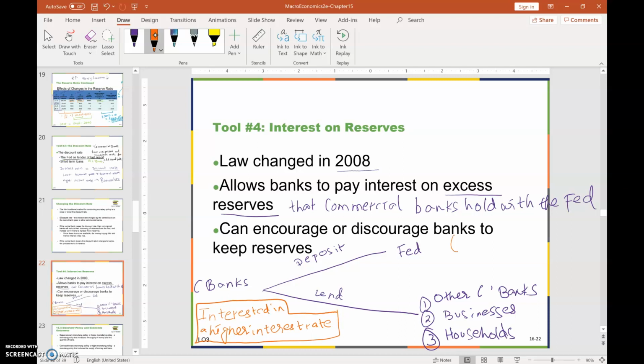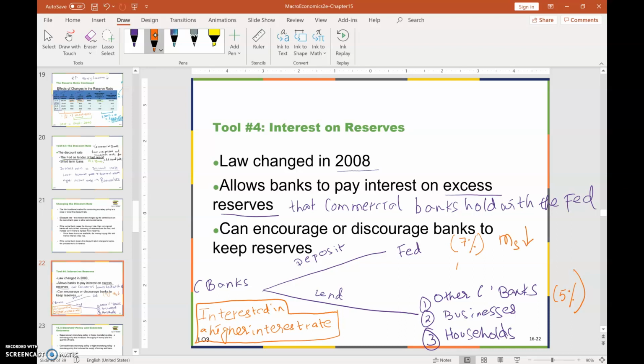If the Fed is paying the commercial banks an interest rate of 7%, and this option is paying the commercial banks an interest rate of 5%, then commercial banks would rather deposit their money with the Federal Reserve Banks. And if it does that, the money supply in the economy will go down. If this is the situation here, money supply in the economy will go down.